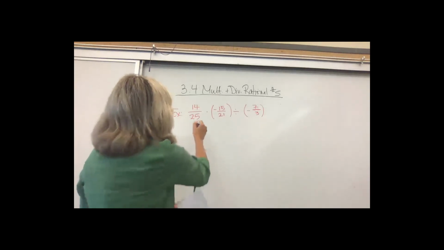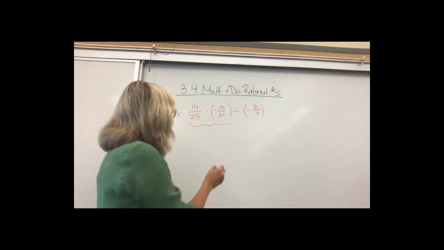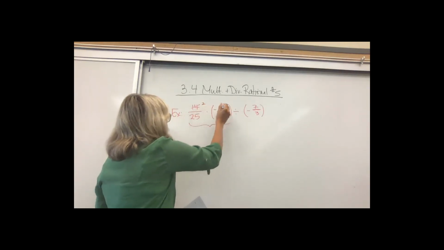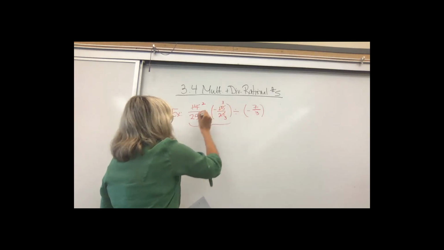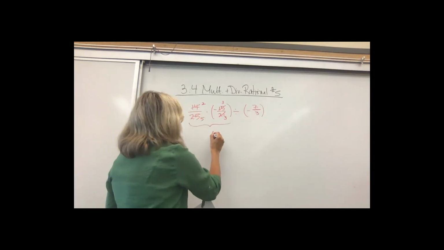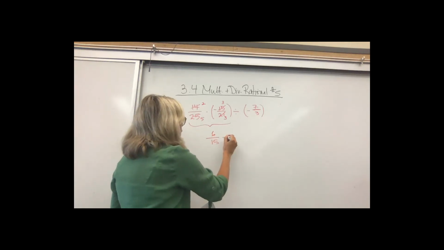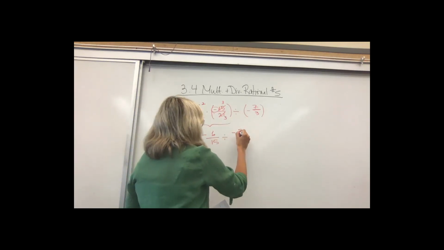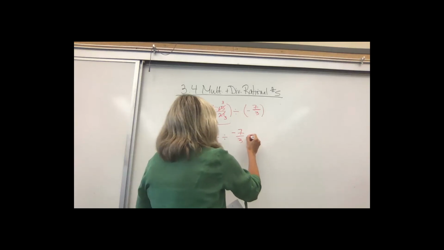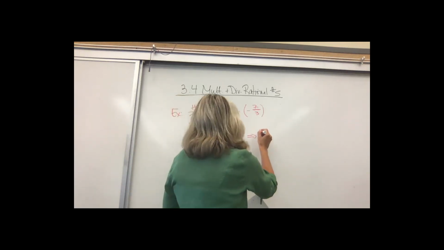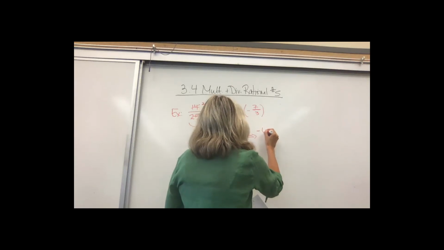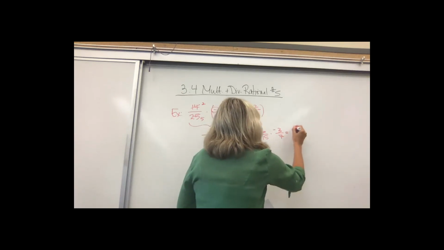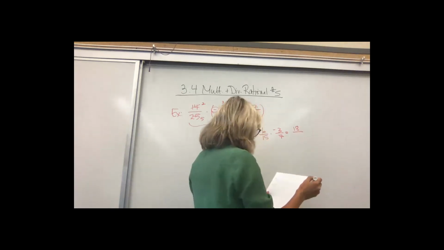So right away with this multiplication, you can see you can simplify. 7 goes into 21 3 times, 7 goes into 14 twice, 5 goes into 15 3 times, it goes into 25 5 times. So that's -6 over 15 divided by -7 over 3, or we know we can flip, so it's -6 over 15 times -3/7, which equals 18 over 105.